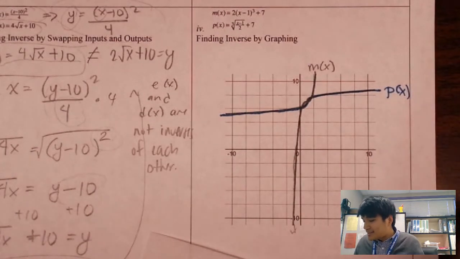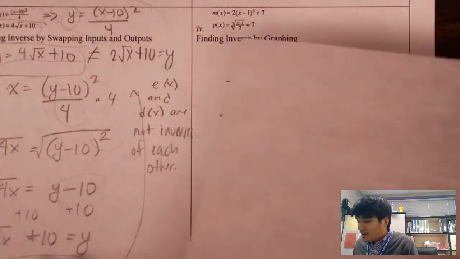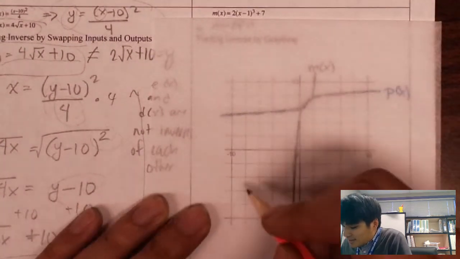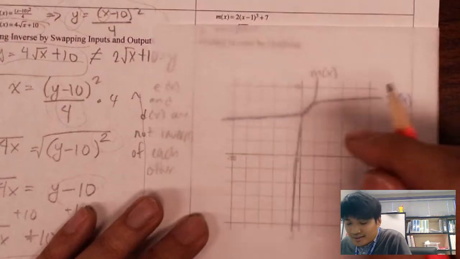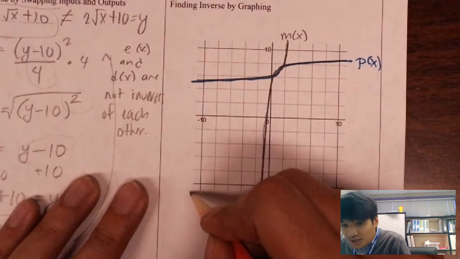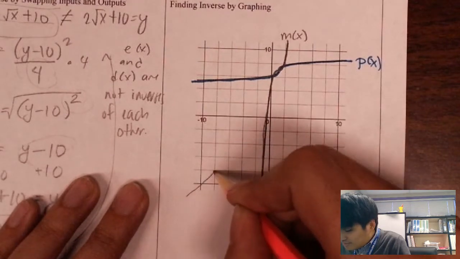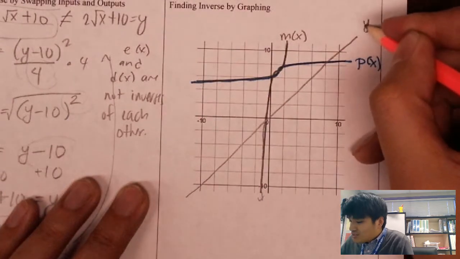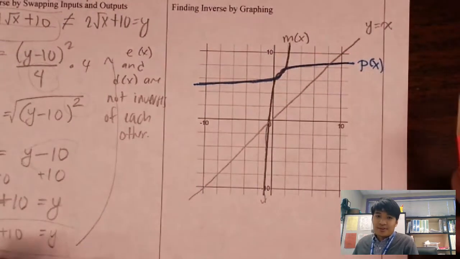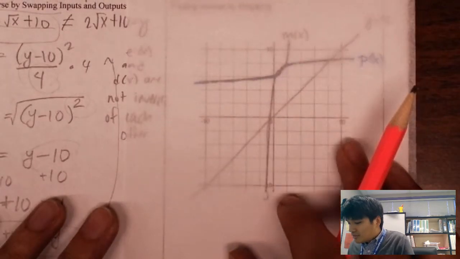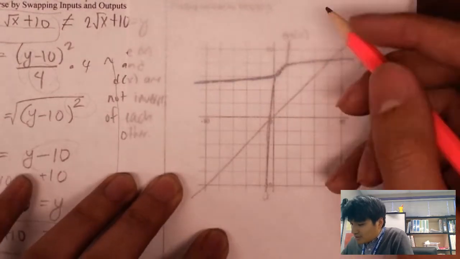Now I want to see if they're actually inverses of each other. Right off the bat, I don't think they are, but we'll see. The fact of the matter is, when taking the inverses of graphs, we're always reflecting over y equals x. So this line here is y equals x. Just like last video, we're reflecting our equation over this line.